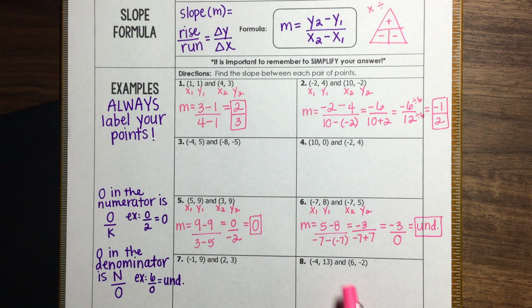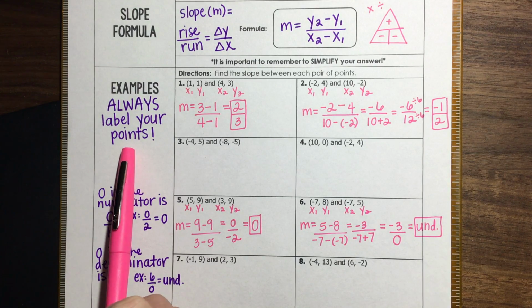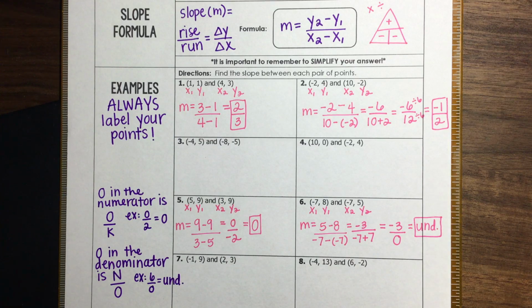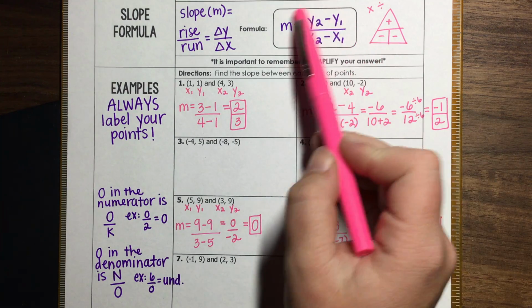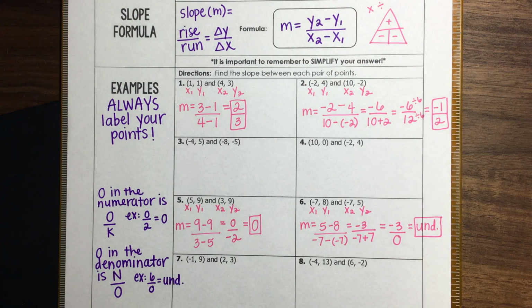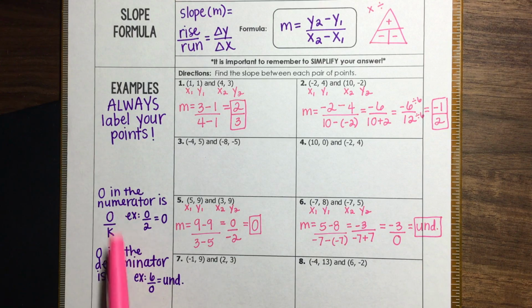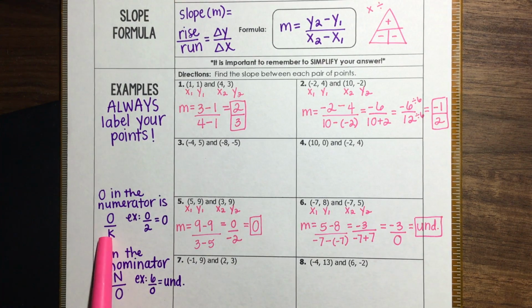A couple things to remember: you're always going to label your points x1, y1, x2, y2. We do this so you don't confuse them when you're plugging into the formula. It's better to be safe than sorry, guys. Always label your points.